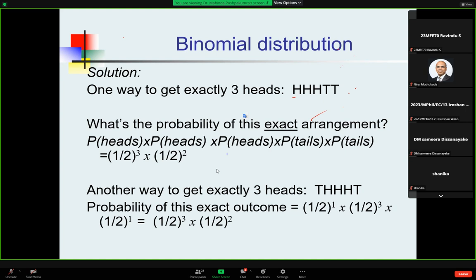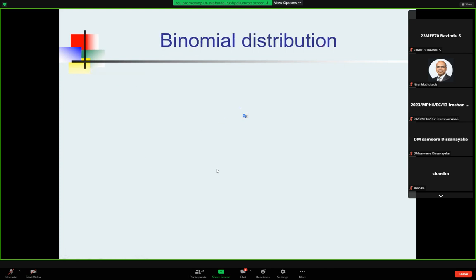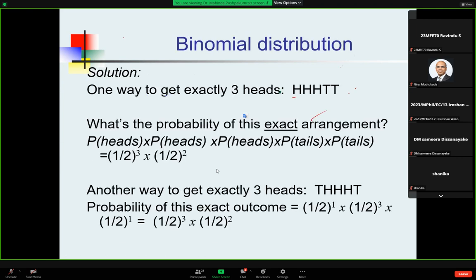Then the probability is same as the previous one.